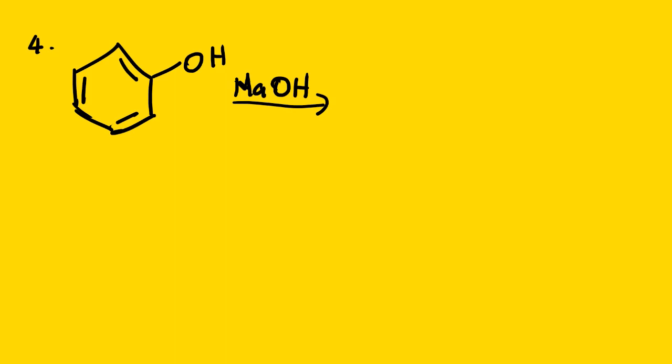And by the way, phenols and alcohols are different. That is why we are using a different reagent. So in this case, this OH will protonate this hydrogen, and the bond will go to our oxygen.